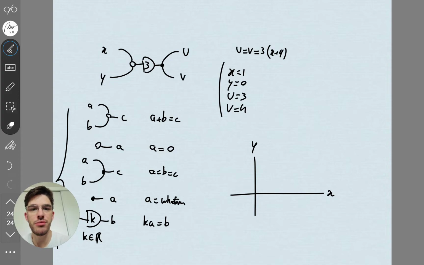This is what I call a point, a choice of values. And this choice of values does not validate this equation, among other things, because u is not equal to v. This one, however, does, because we do have that u equals v, and they're both equal to 3 times x plus y. So some points validate this equation, some don't.